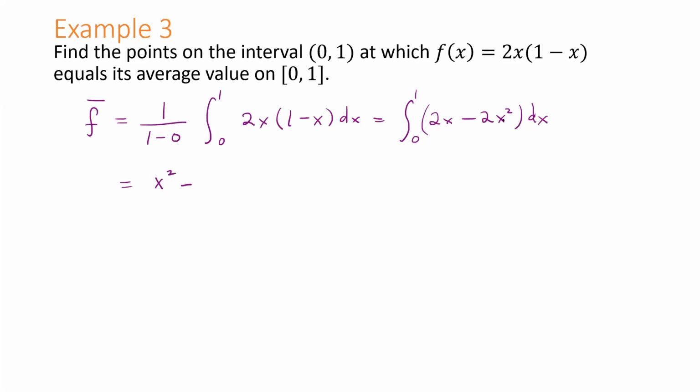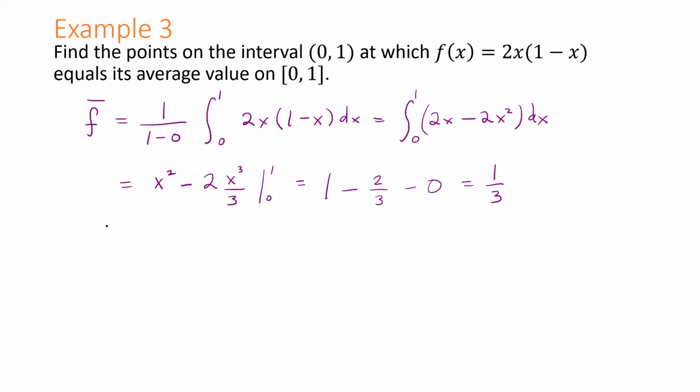And then the integral of x squared is x cubed over 3, so that's minus 2x cubed over 3. Evaluating from 0 to 1, we get 1 minus 2 over 3, and then minus 0. So it just becomes 1 over 3. So that's our f bar.